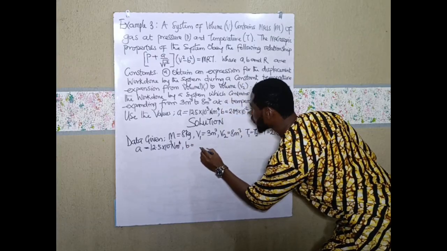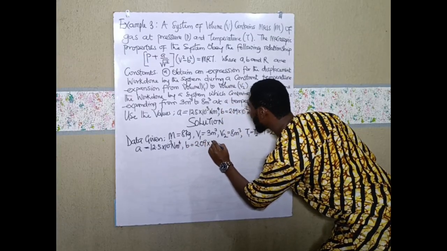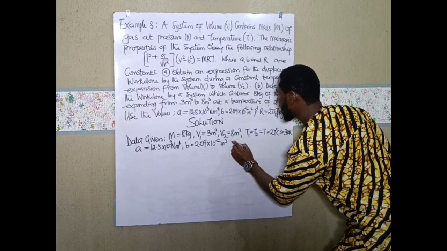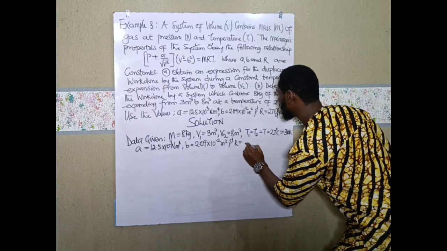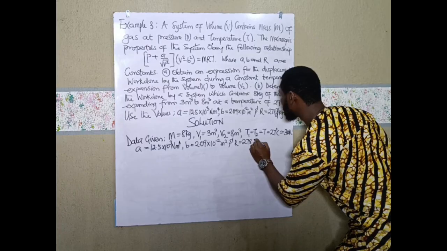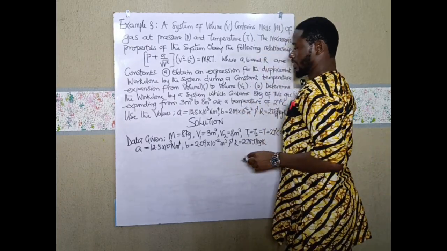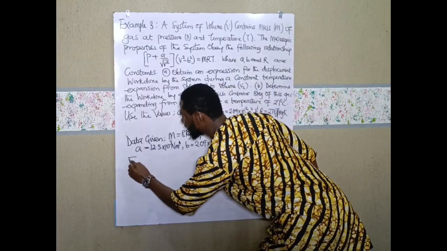B equals 2.09 times 10 raised to the power of minus 2 meter square, and R is given as 278 joule per kilogram Kelvin. Step 2, find.